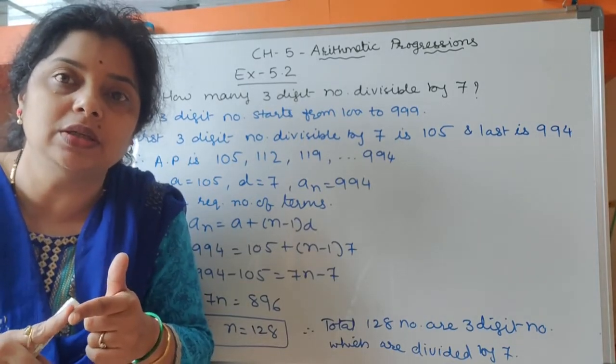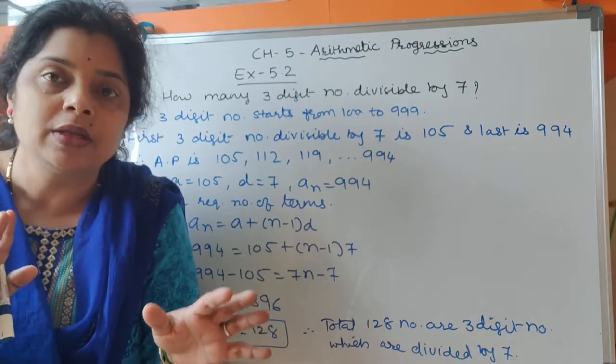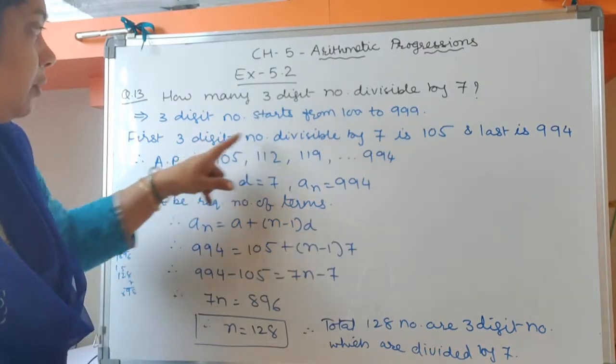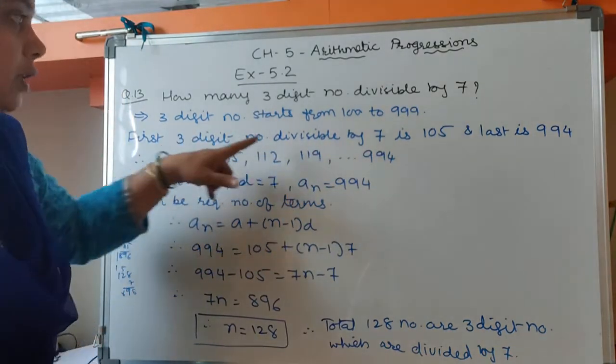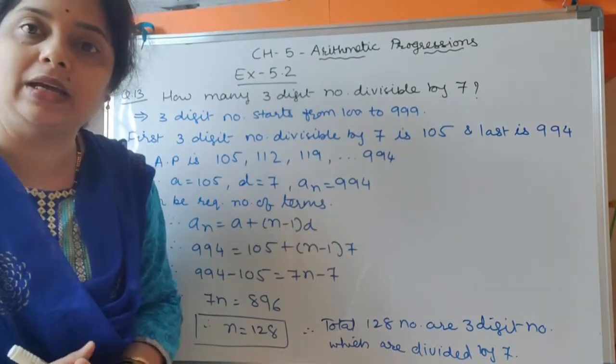Multiples of 7 means in short you have to continue the table of 7. As we know, 105 is the first 3-digit number which is divisible by 7 and the last number is 994.